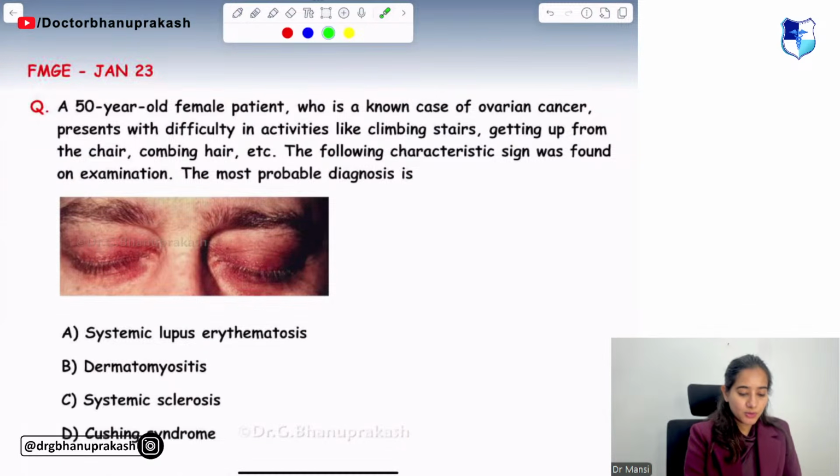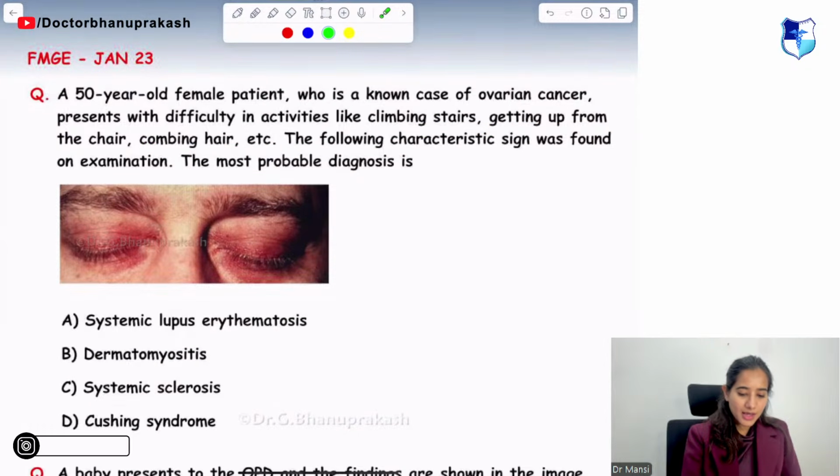A 50-year-old female patient who is a known case of ovarian cancer presents with difficulty in activities like climbing stairs, getting up from the chair, combing her hair, and the characteristic sign was seen. What is this sign, and what is the most probable diagnosis? Yes, I'm waiting for your answers.